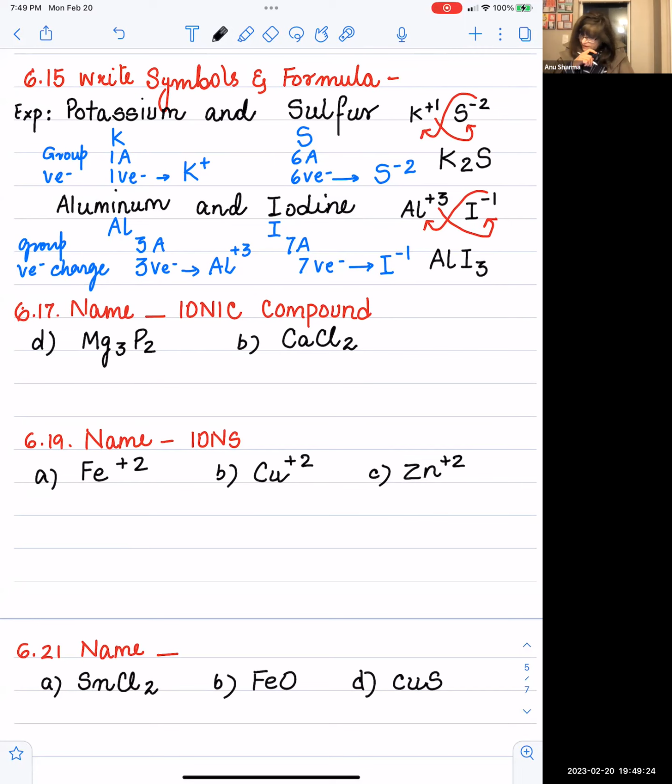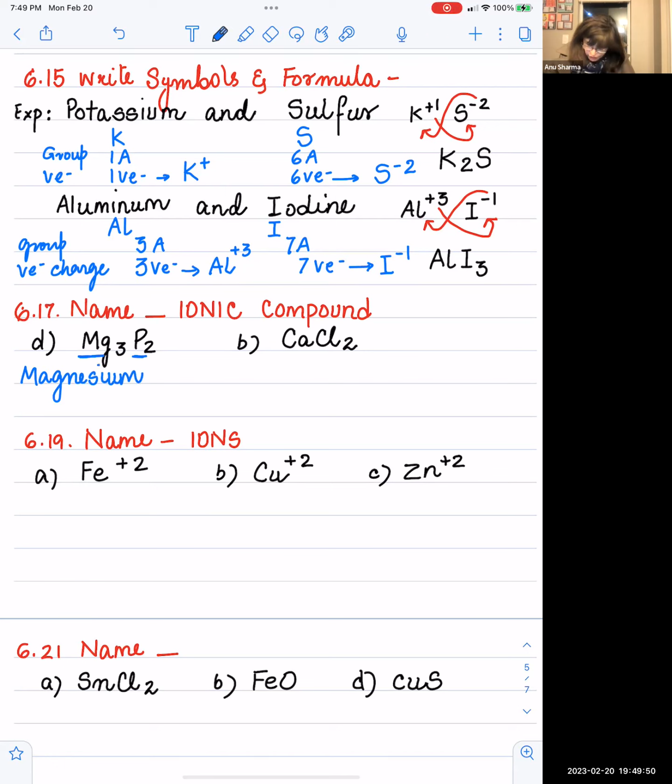Next, write the names of these ones. Here you have magnesium. You should be able to recognize magnesium. You have to memorize them; that's the only choice. And this is phosphorus. Remember, phosphorus is a non-metal. For metals, the name remains the same, so magnesium is M-A-G-N-E-S-I-U-M.